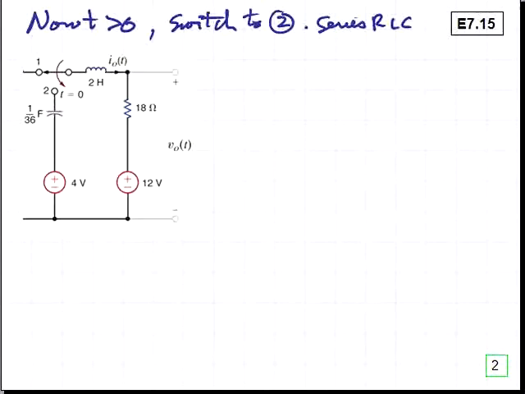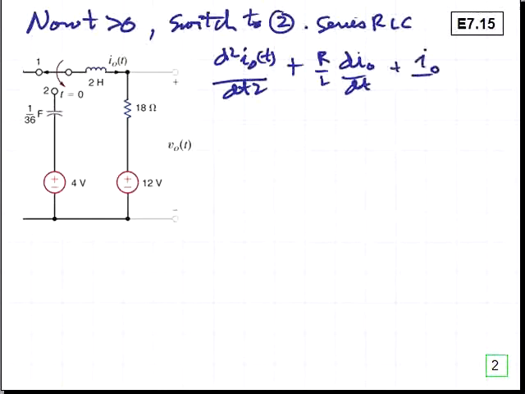The differential equation which would be applicable here would be a second order one: d squared I O dt squared plus R over L dI O dt plus I O over LC is equal to 0.